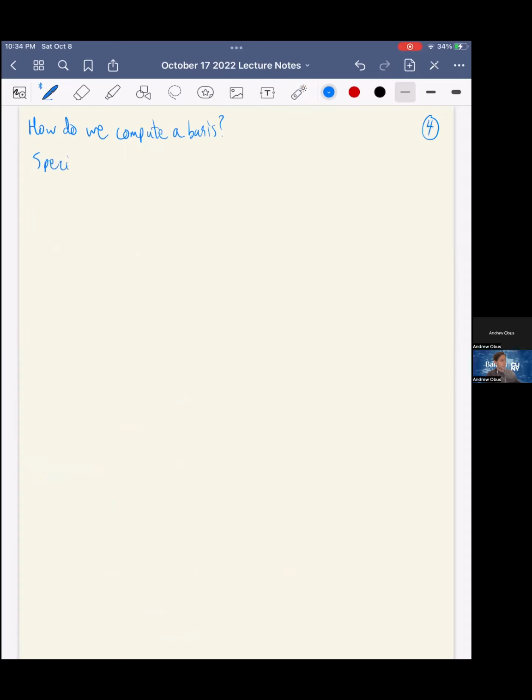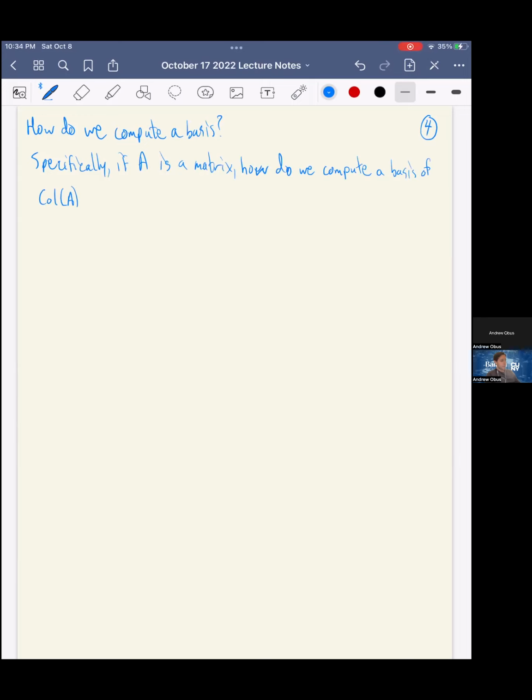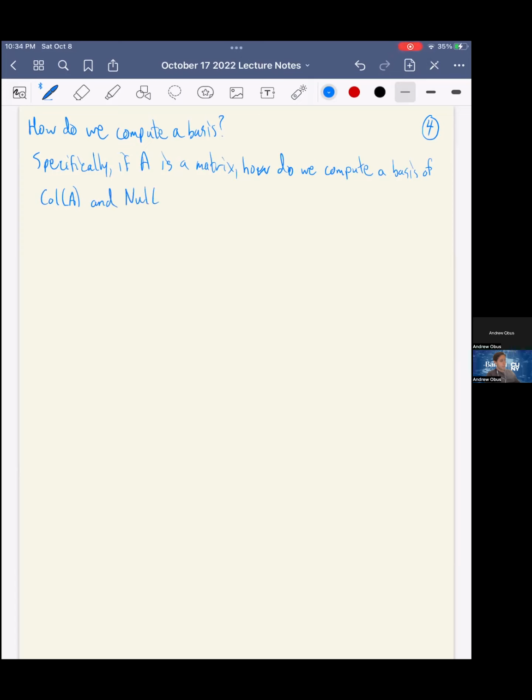Specifically, if A is a matrix, how do we compute a basis of the column space of A and the null space of A? We know they're both subspaces, and we figured out a way to write them down, but we didn't necessarily have a basis.